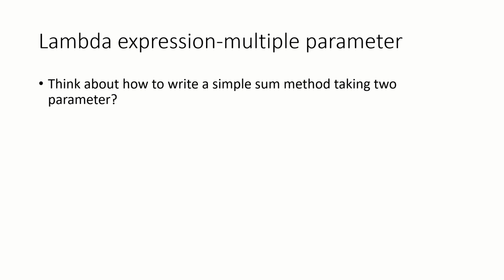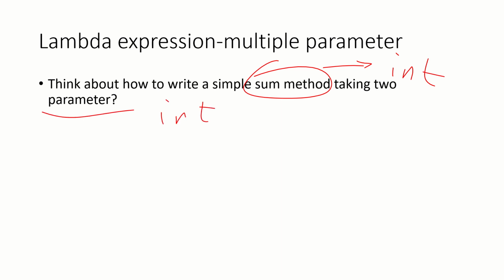If I tell you this method returns int and the parameters are int, how to write this method in the traditional way?